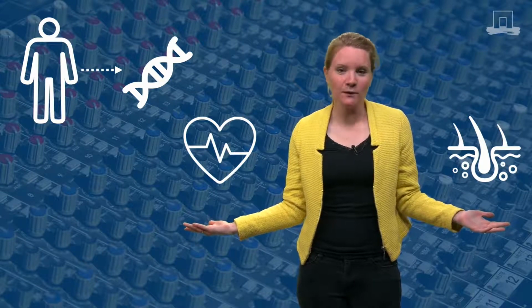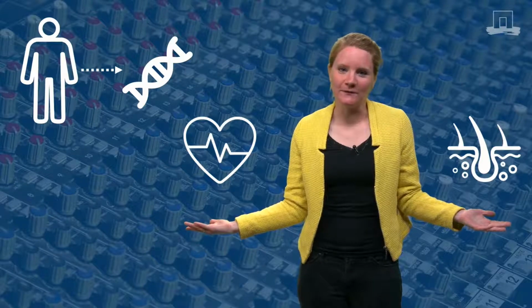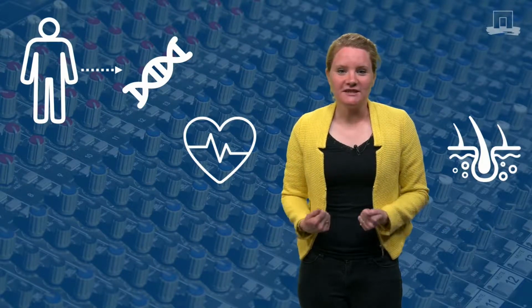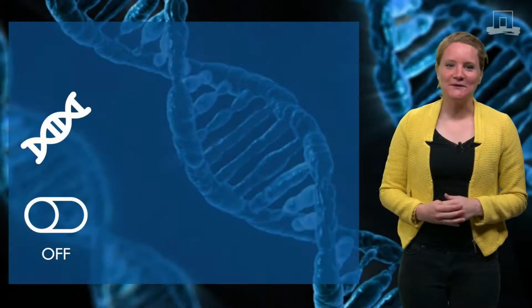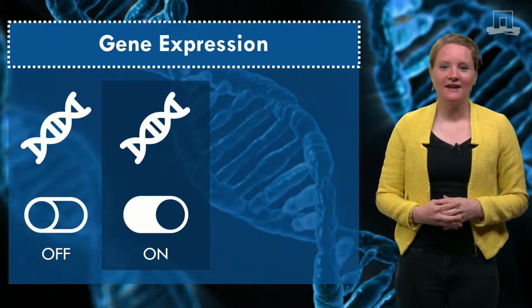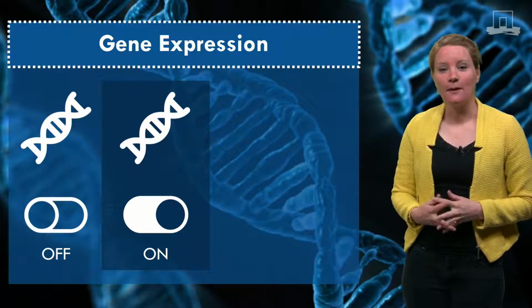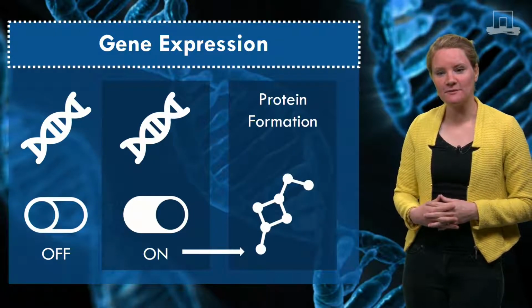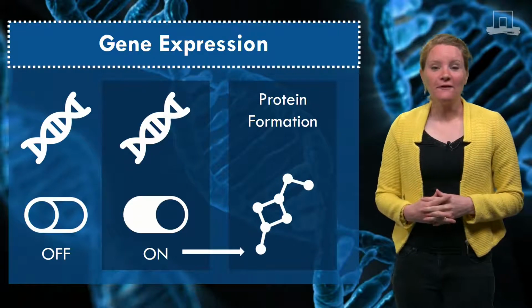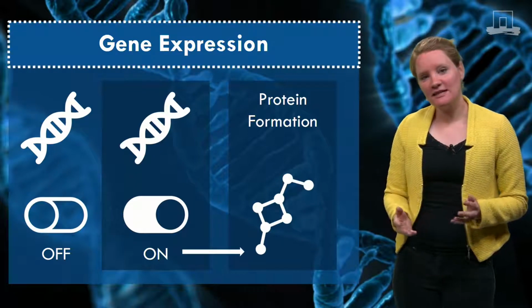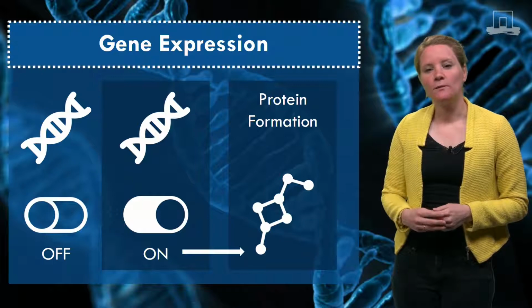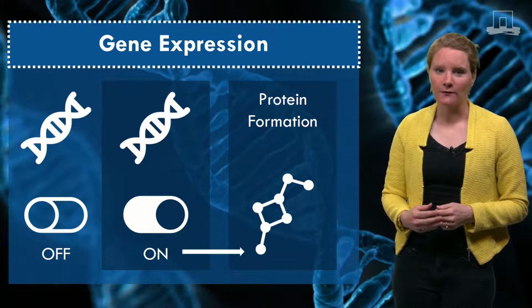It has to do with turning genes off and on. Switching genes off or on is called gene expression. An expressed gene is active, meaning that the protein is formed. The folding and marks on the DNA that I mentioned earlier can determine whether a gene is expressed or not.